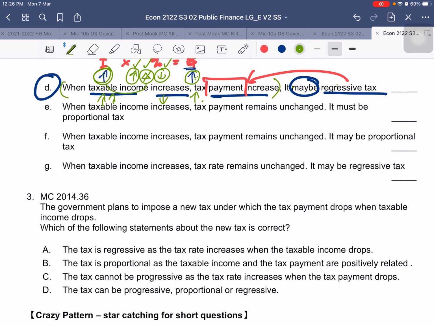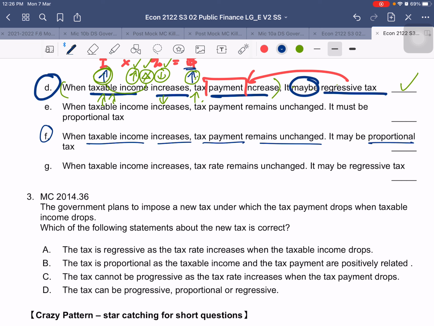Because it is one of the reasonable answers, it will be correct. Okay, so now let's do one more together. Okay, when taxable income increases and the tax payment remains unchanged, it may be proportional tax.